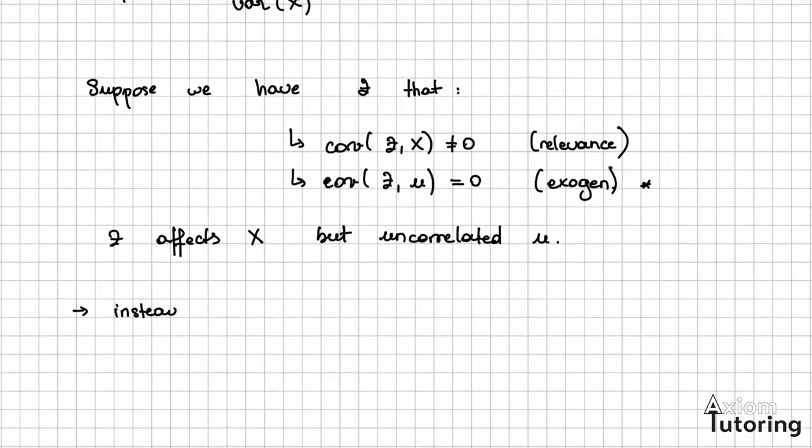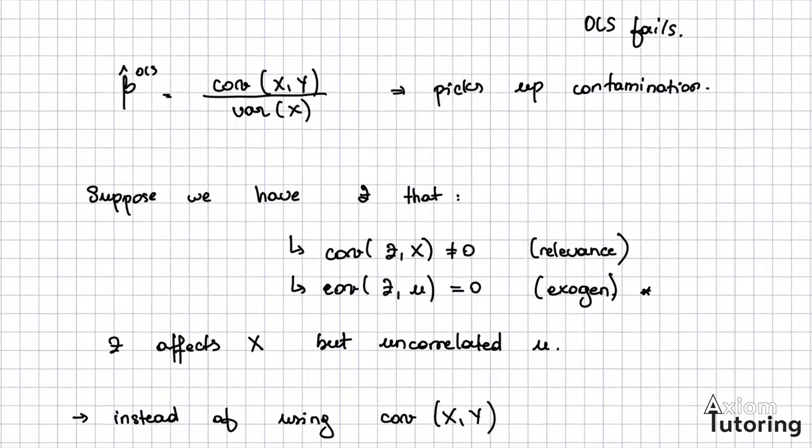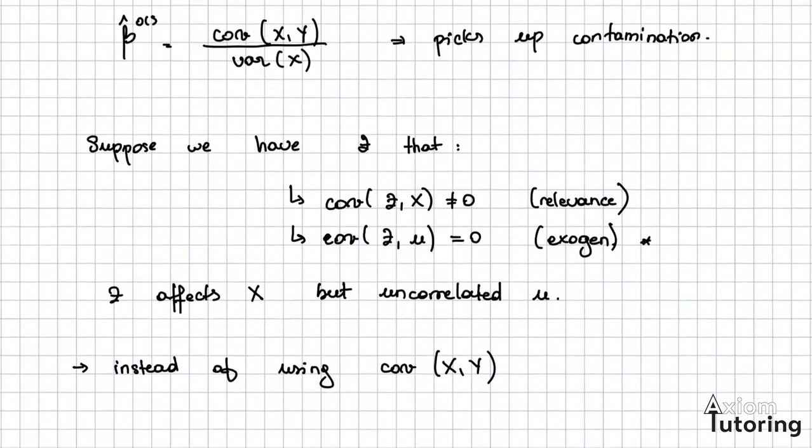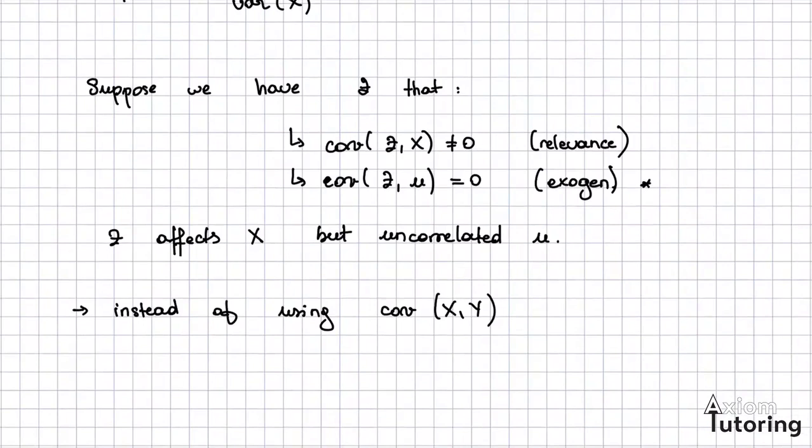So instead of using the covariance between X and Y, so remember the beta OLS formula, we were using the covariance between X and Y, to identify beta 1, which is obviously contaminated, we use the covariance of X and Z instead.